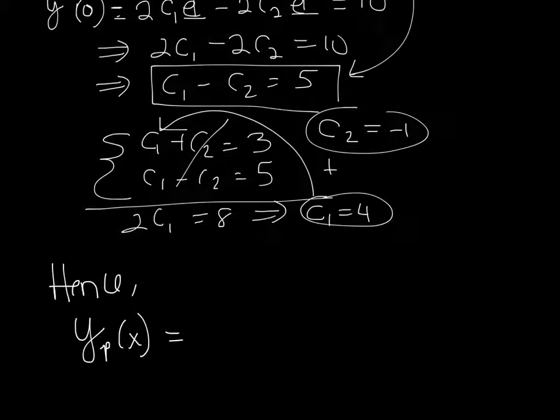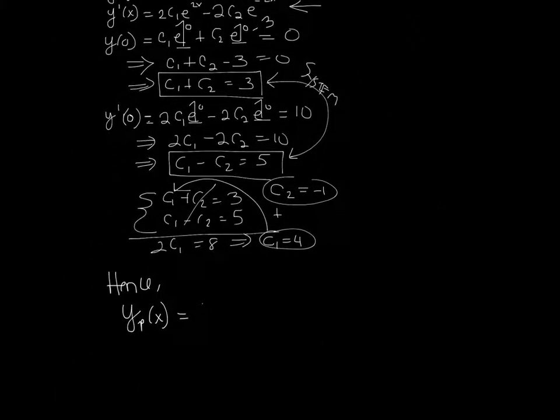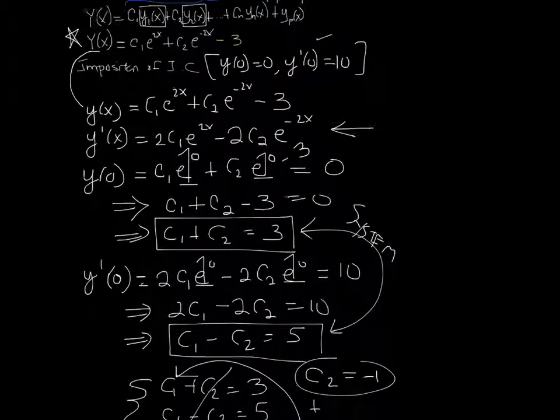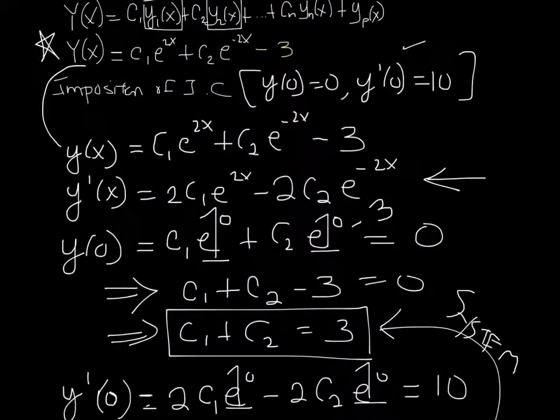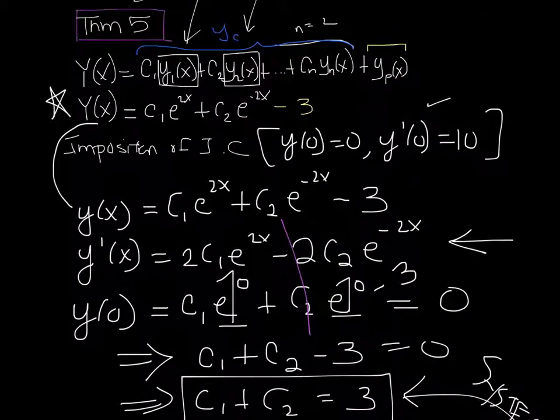But here we have what was our y sub c, or oh, let me just scroll back up. Okay, so where was it at? Let me see what color I used. Okay, blue, so I can be consistent here.